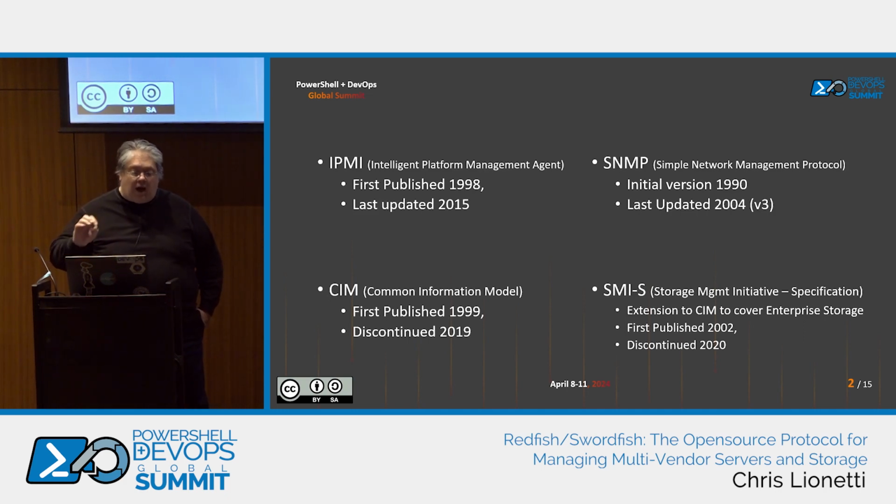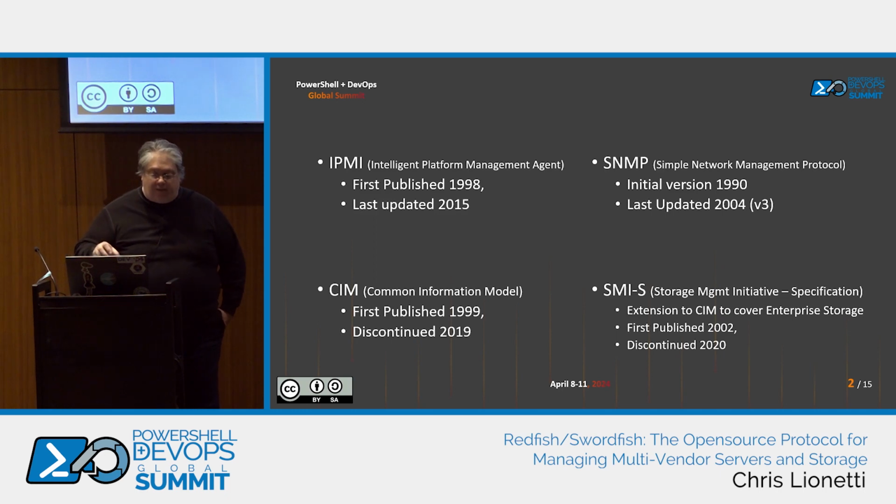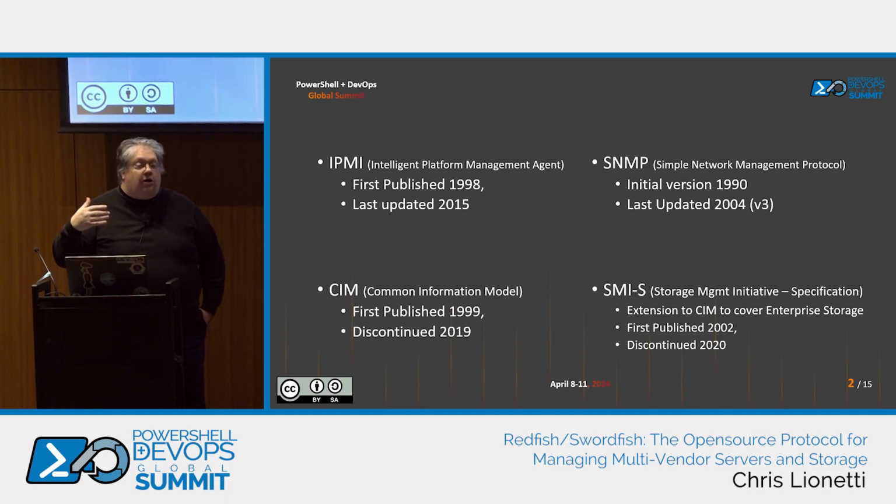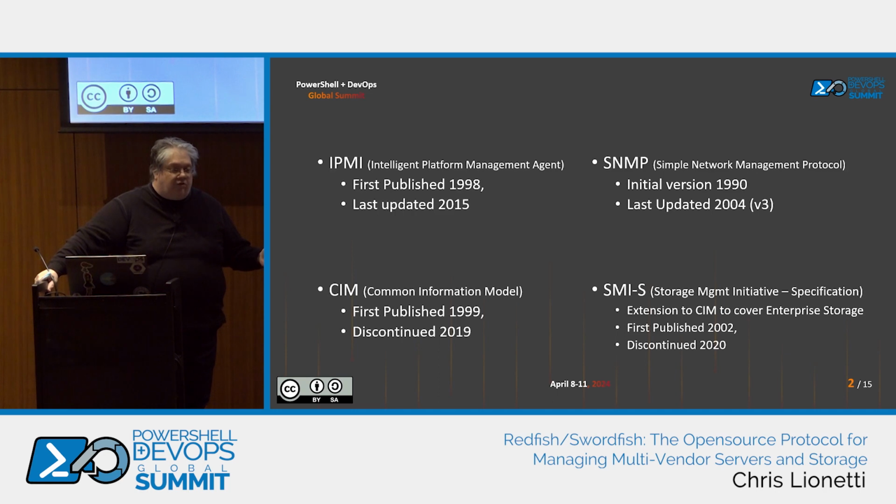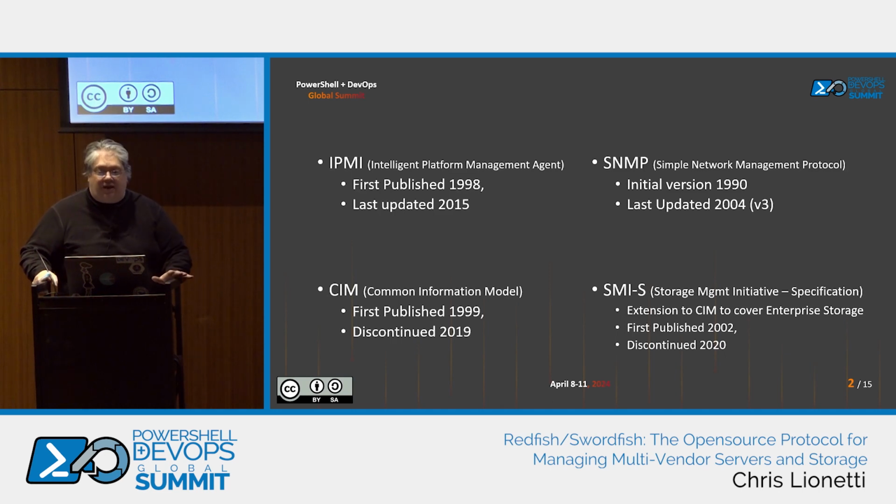Lightweight's great. IPMI is another protocol that was set out to let you control your servers and infrastructure to the point where you could put a boot image on a server, boot that server, turn that server on, turn that server off, gather some information about that server. Again, not standardized. The method to make the calls is standardized, but the location of everything is a little different. They make a tool called the IPMI tool that lets you do all this stuff. Also very, very lightweight.